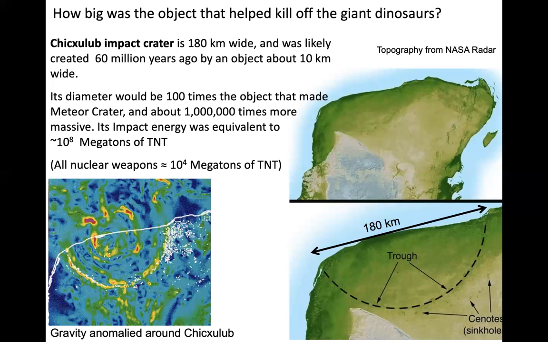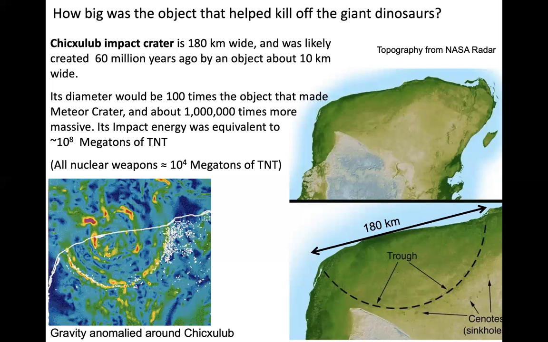Now, of course, other things were going on. There were volcanisms, etc. How much this was just wrapping up things versus really damaging life as we know it on the entire planet is still a matter of discussion. But this event would have released an amount of energy equivalent to 100 million megatons of TNT.